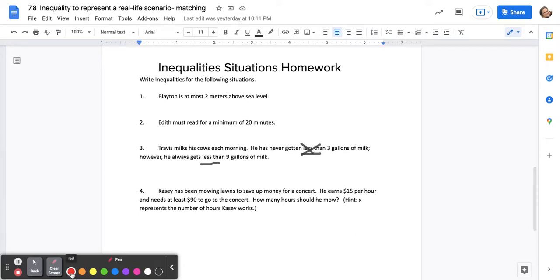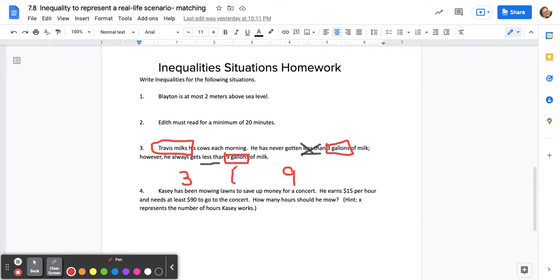Let's box out what we're comparing here. We're comparing 3 gallons of milk and 9 gallons of milk. Whatever Travis gets is in between these 3 gallons and 9 gallons.